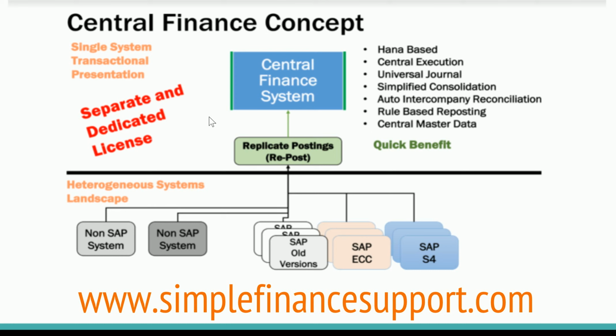Then in future, if everything looks good from the central finance perspective, you can think of implementing S4 finance or S4 HANA related aspects into these non-SAP systems, so that by the time the users are converting these projects over a period of time, you're already getting the benefit of S4 HANA through the central finance system.